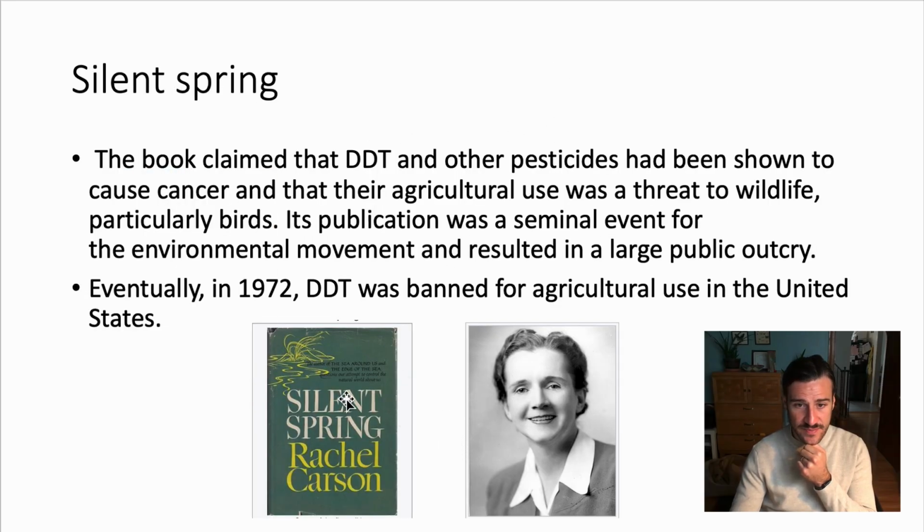So this is what Silent Spring and the author looks like here, Rachel Carson. The book claimed that DDT and other pesticides have been shown to cause cancer, and their agriculture was a threat to wildlife, particularly birds. Its publication was a seminal event for the environmental movement and resulted in a large public outcry.